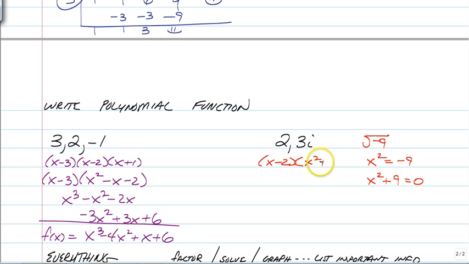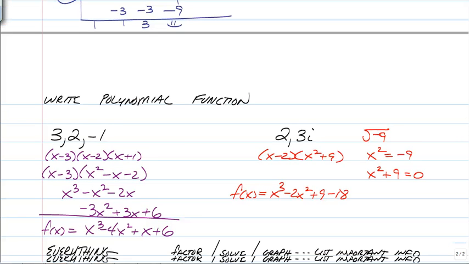So this is an x squared plus 9. And then again, you would just have to FOIL, and that would give you f of x is equal to x cubed minus 2x squared plus 9x minus 18. All right? So that's how you write functions when you are given the solutions.